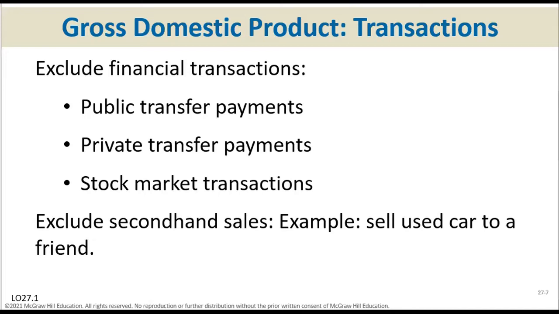We also have stock market transactions, which are just a change of ownership, right? You take ownership and you change ownership. Those transactions don't do anything to the production. Second-hand sales don't contribute to the current production, because that car, whatever you are selling second-hand, we already accounted for when it was new in the previous year's GDP.